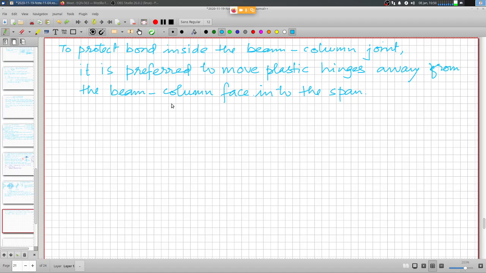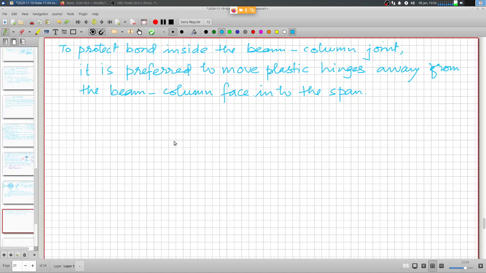So that reduced capacity is provided at 1D distance away from the beam column face, and within that 1D we provide for the larger moments and ensure that the beam doesn't yield at the beam column face.